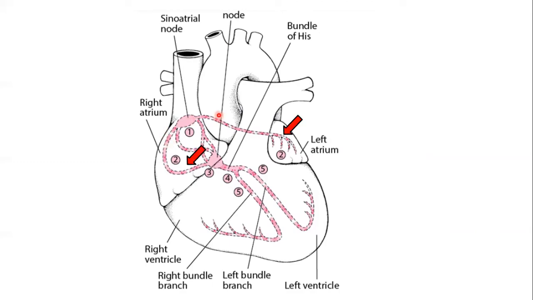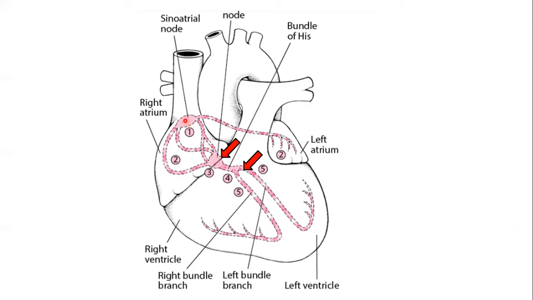The left atrium is controlled by the specific nerve fiber known as Bachmann's bundle. After that, the SA node also transmits the signals to the AV node, which is present between the atrium and the ventricle. That's why it is known as the atrioventricular node.